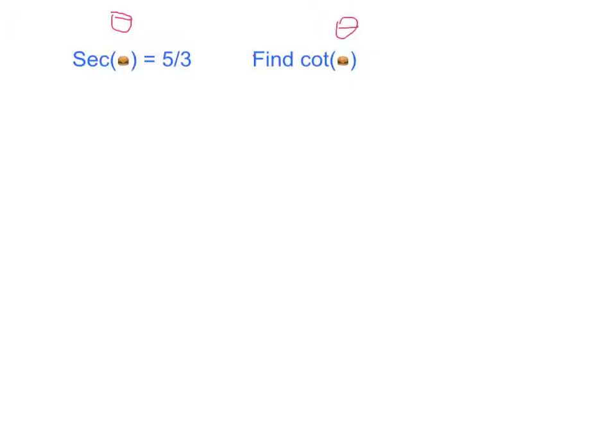So what this says is that secant of theta is equal to 5 over 3, and we want to find cotangent of theta. Now you won't be given a calculator on this, so you can't actually use a calculator to evaluate what theta is. But we don't need a calculator to figure this out, because we're going to draw that triangle. I know on this triangle, theta can be either of these two angles, so I'm going to make this bottom angle my theta.